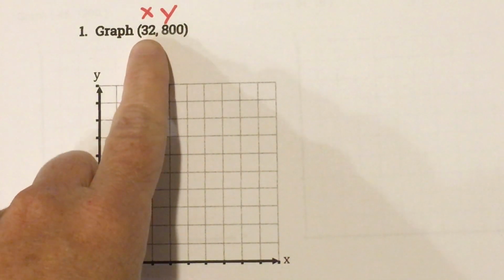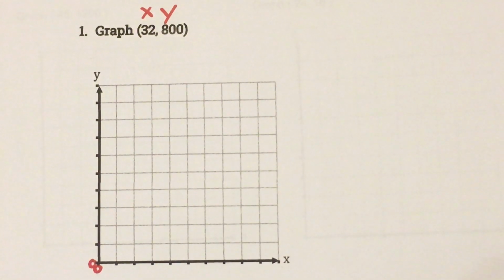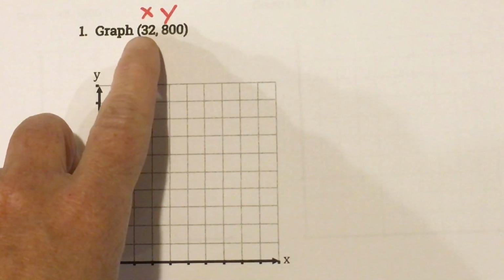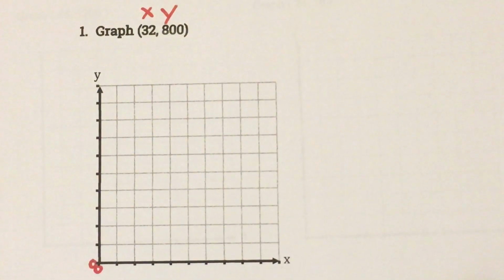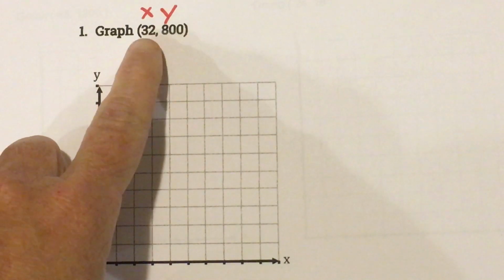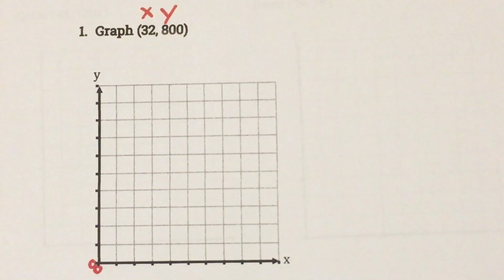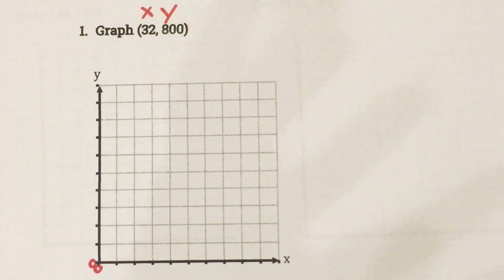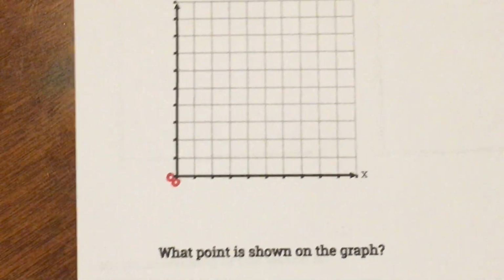If you count by fives, will you ever get to 32? No, that would have been a bad choice. Sixes? Nope, because 32 isn't a multiple of 6, so I'll never get to 32. Sevens? Again, it isn't a multiple of 7, so I'll never get there. Eights? You could, because if I count by 8s, I get 8, 16, 24, 32. So I could have done 8s as well, but I'm going to do my 4s.